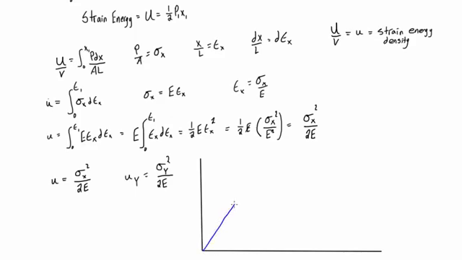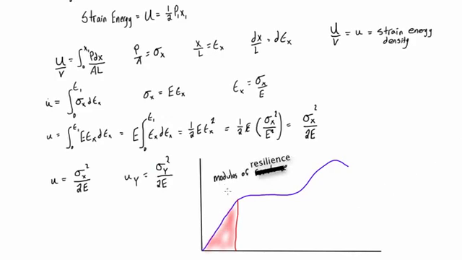It'll have the linear elastic section, and maybe if it's steel or something, it'll look something like that. But if we calculate the area in this section, so we've gone all the way up to the yield point, this is what we call the modulus of resistance. And this tells us the energy per unit volume that a material can absorb before it yields.